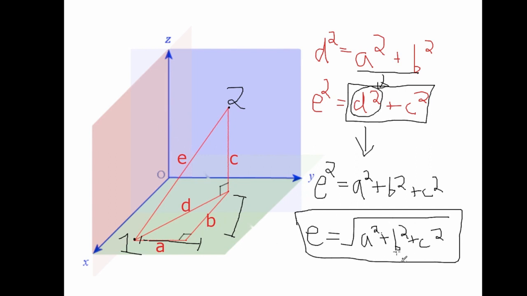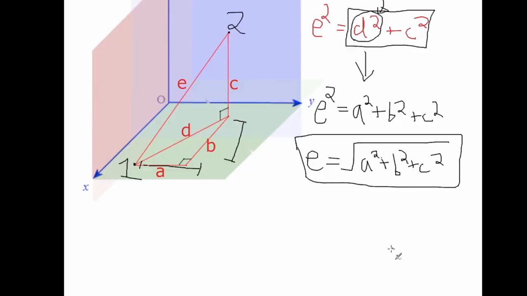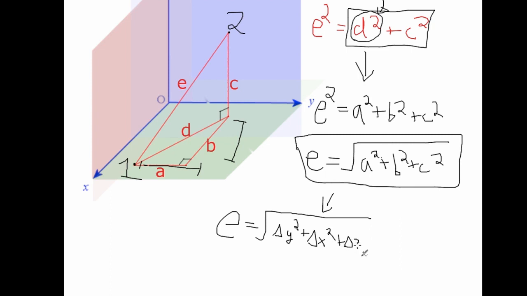So since we have each variable accounting for one axis, then we don't need to have some other sort of arbitrary variable that accounts for more than one, because it just allows for a simpler case. So because it does this, then we could rewrite it more abstractly as the distance E will equal the square root of the change in y squared plus the change in x squared plus the change in z squared.